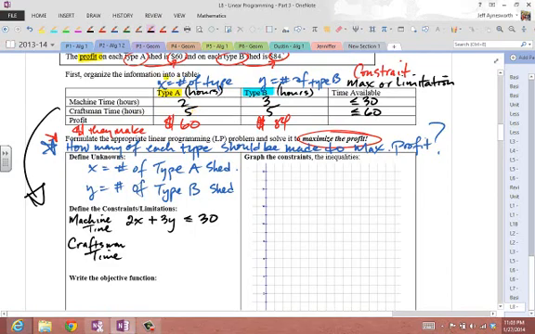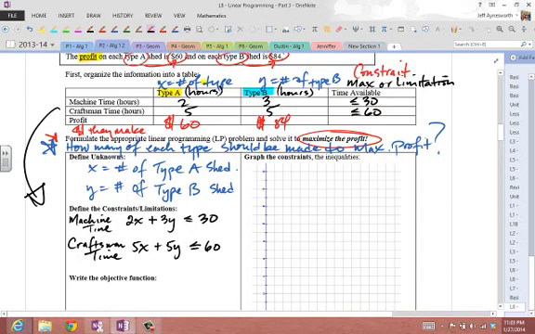In general, if we build x type A sheds, we have 5 times x hours of craftsman time, so 5x hours just for type A. For type B, we have 5 times y because we're building y of them. We take the number of hours times how many you build, which is y, so plus 5y. And that's got to be less than or equal to the maximum number of hours you have in the week for craftsman time, which in this case is 60.